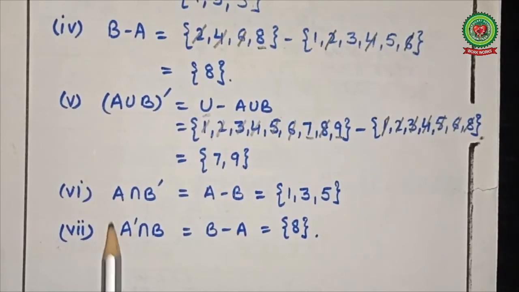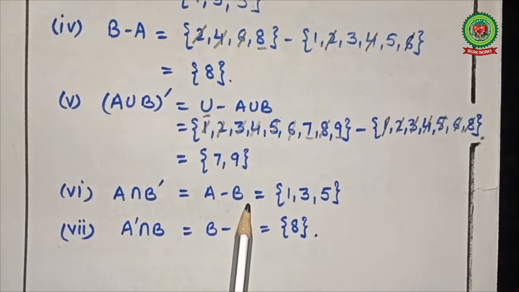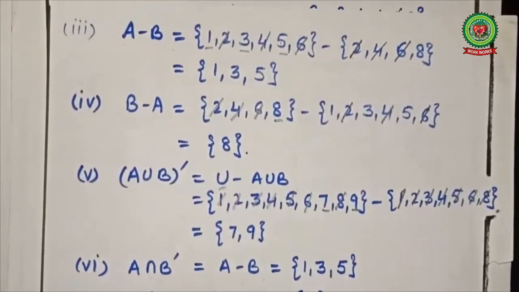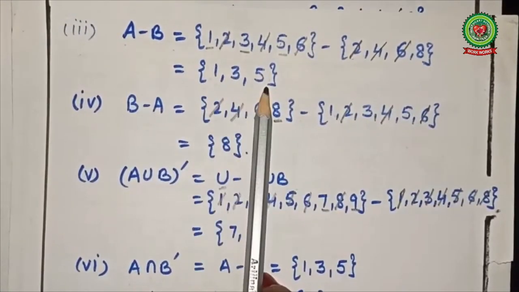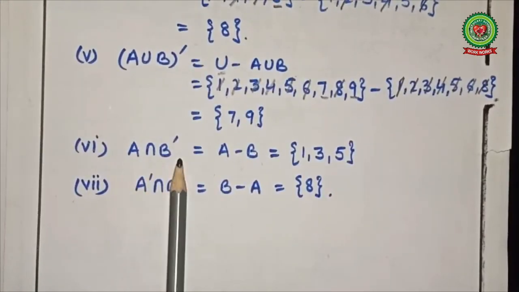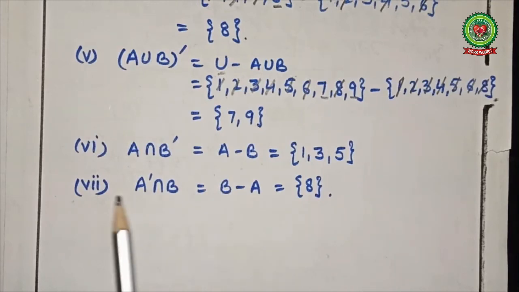Now, next part is A intersection B complement. Now, A intersection B complement can be written as A minus B. That we have already done. So, its value is A minus B is equal to 1, 3, 5. So, same answer is there for A intersection B complement. So, it is 1, 3 and 5.